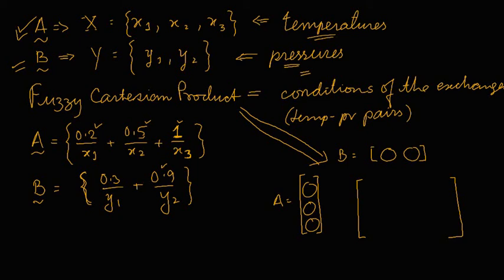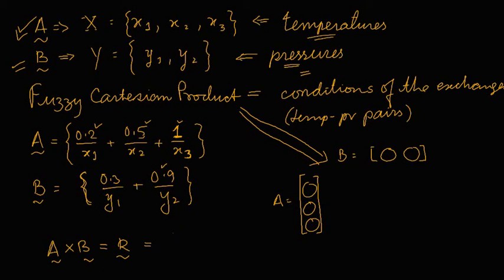And this matrix we will write as A cross B, which we will call a relations matrix.